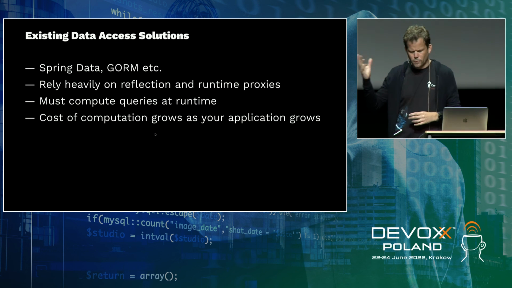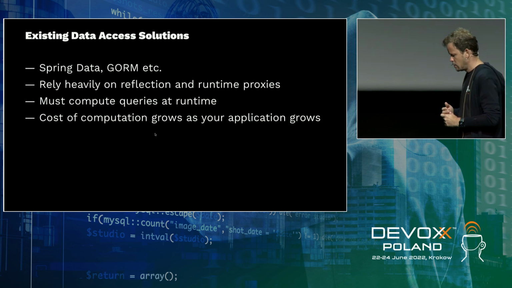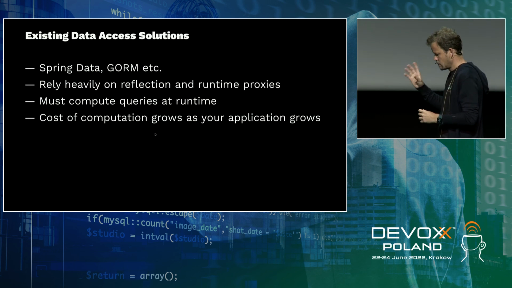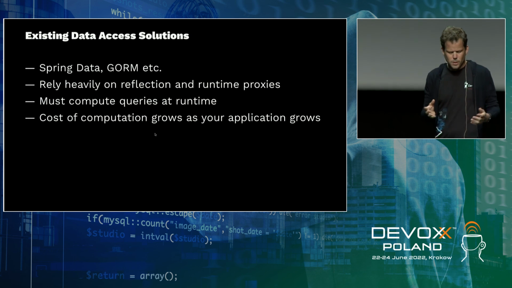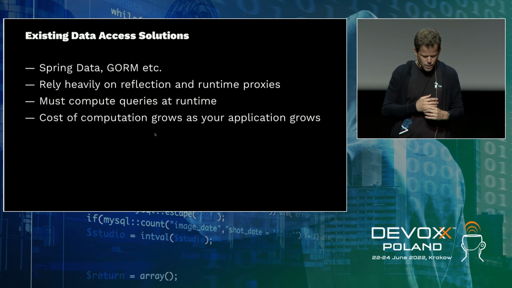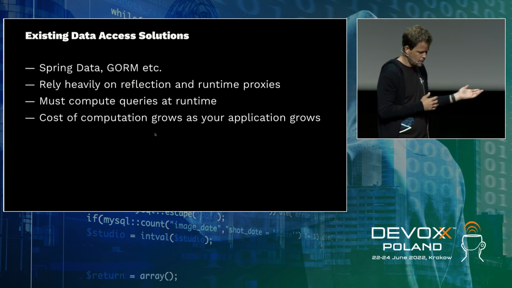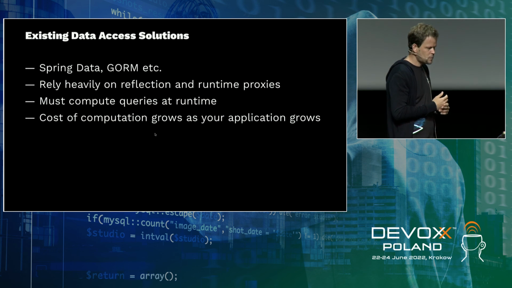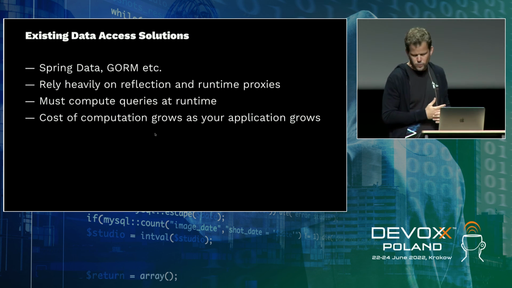So when I started working for SpringSource, what was pretty obvious was there needed to be a Java solution. So we started a project called Spring Data at the time, and I helped out at the beginning to get it off the ground.